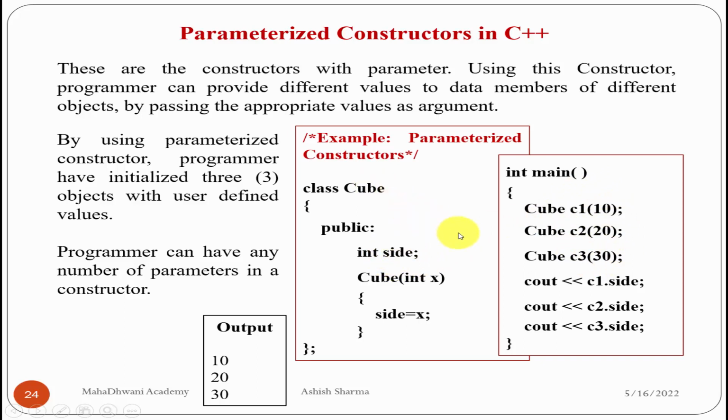You can see here the data member of the cube class consumes 4 bytes of memory. Whenever we create three objects, how much memory should be consumed? It consumes 4 bytes for c1, 4 bytes for c2, 4 bytes for c3. So 12 bytes of memory will be consumed by the side data members c1.side, c2.side and c3.side.